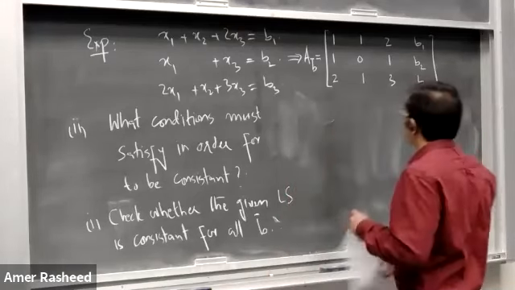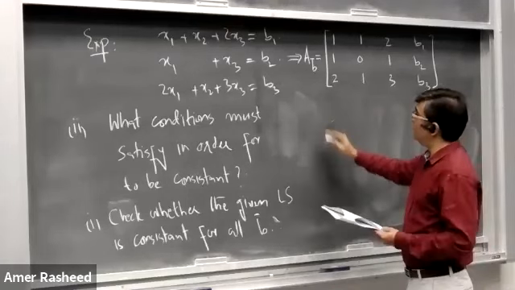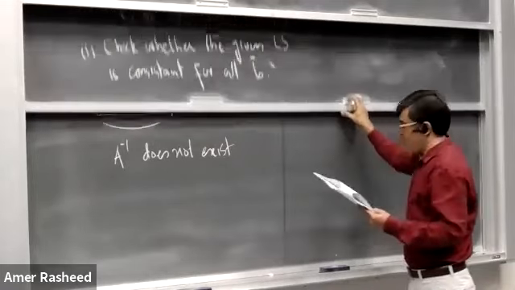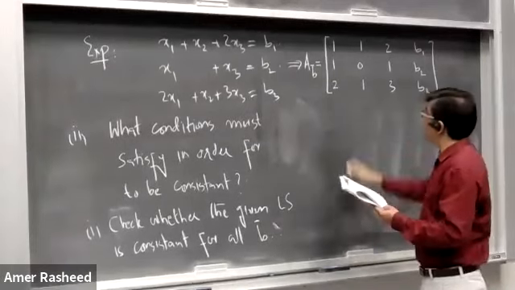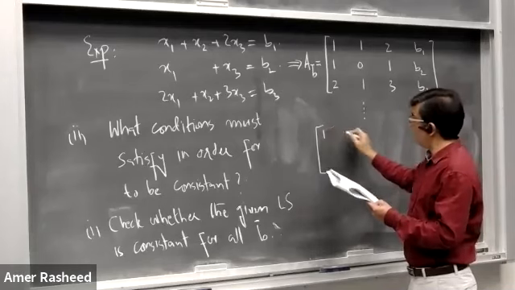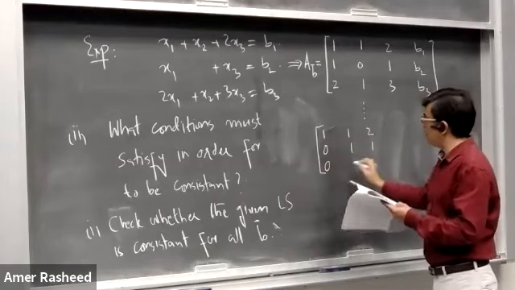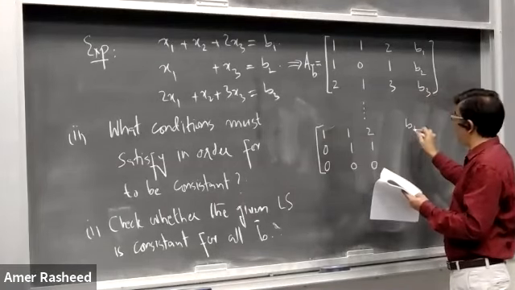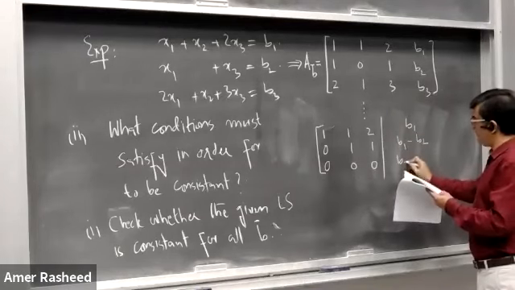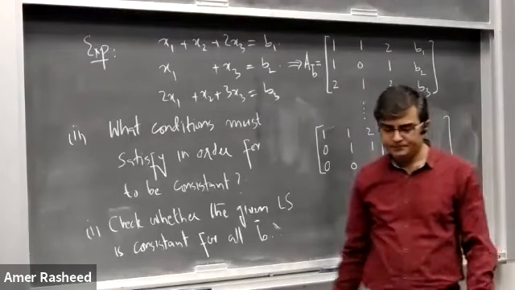Now, you can see that after applying row operations, we have obtained 1, 1, 2, 0, 1, 1, 0, 0, 0. Here we have B1 on the right-hand side vector, B1 minus B2, B3 minus B2 minus B1. So this is what we have obtained.